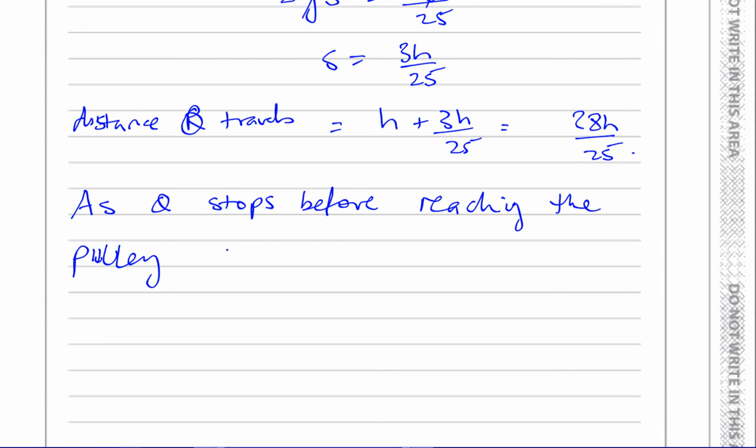This is the total distance that Q travels, and d is the distance between where Q first was and where the pulley is. So d must be bigger than the distance it has travelled, otherwise it will hit the pulley. And there we have the answer to that question.